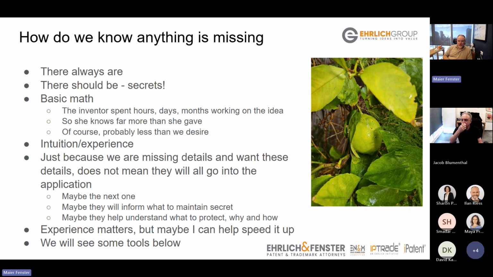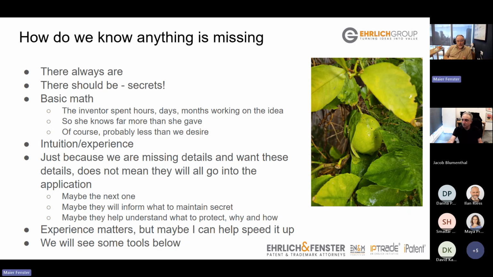Now, I want to be clear that just because we're missing details and we want to get these details, doesn't mean that all of these details will actually go into this patent application. They might go into the next patent application. They might be used in order to help us decide what should be secret and what should not be secret.